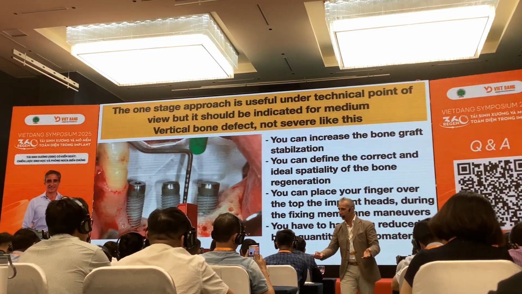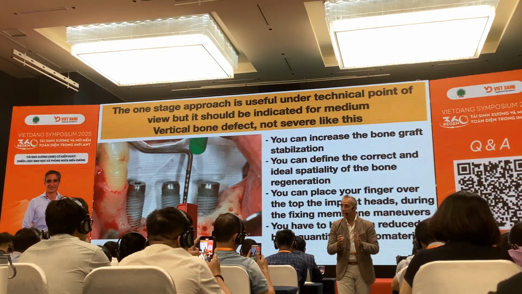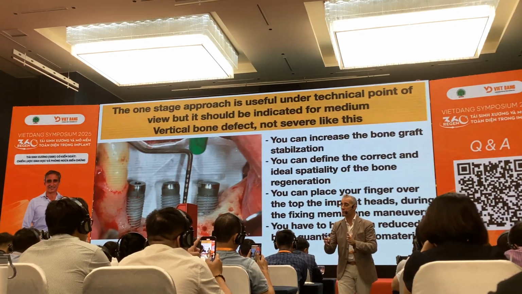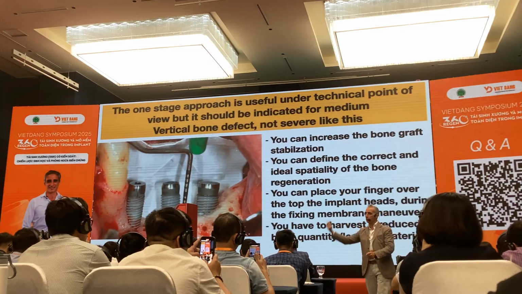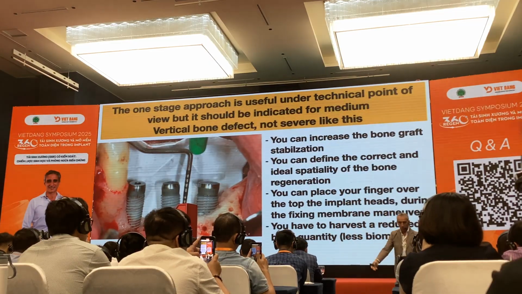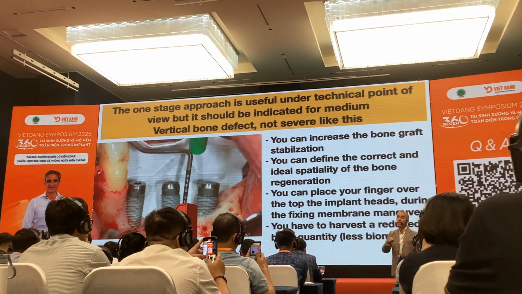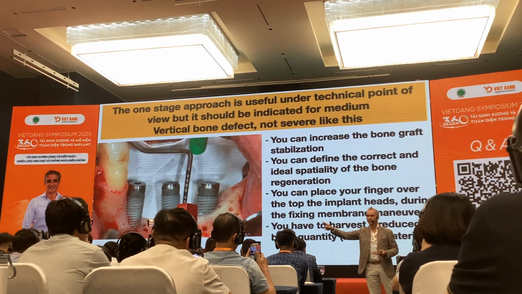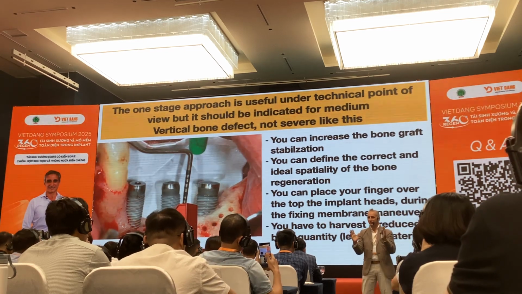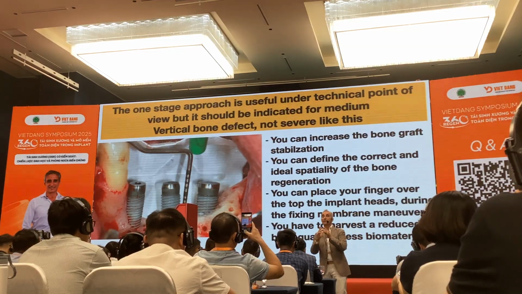The clinical evidence of regenerated bone in incorrect spatiality is perfect. Oh my God, look, I removed the membrane, look at the fantastic bone. But if you look at that bone in the long term, the bone reduces, disappears.